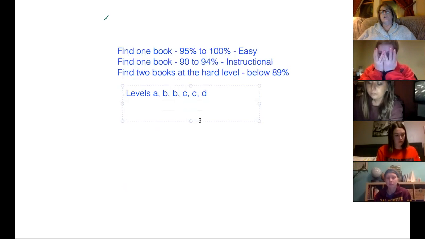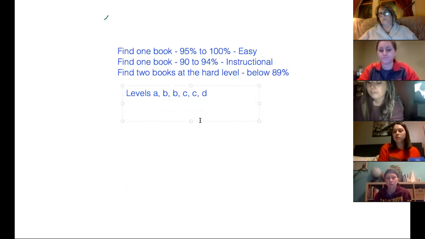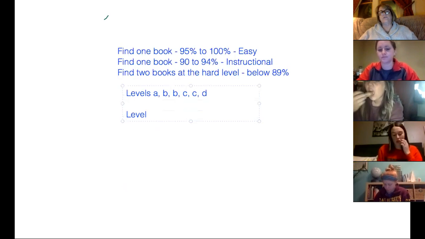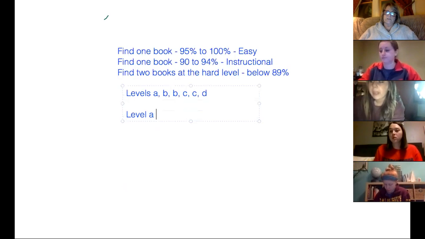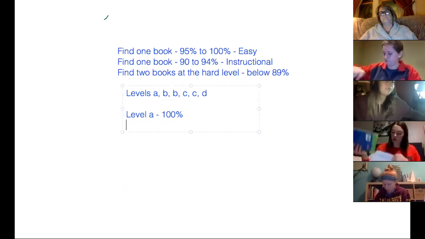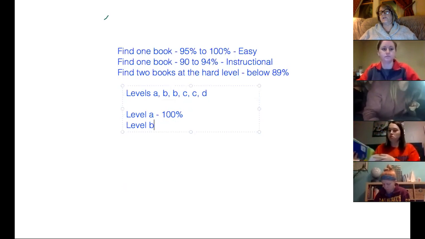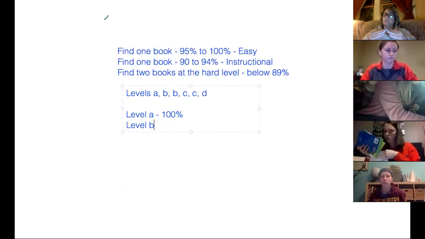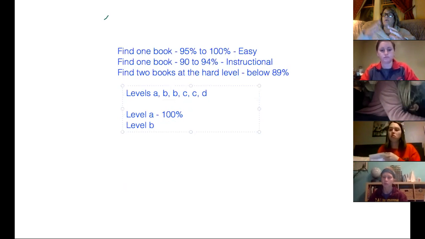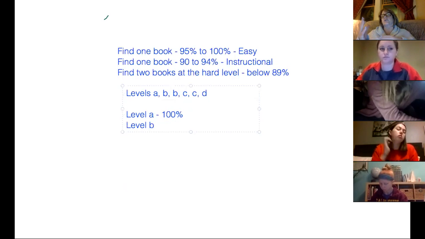So let's say we always start at the easy level. Start at the lowest level I sent you because we want to make the kids feel comfortable. So let's say you get 100% at level A. Then you go to one of the level B's, and I'm going to suggest anyone who got doubles, you're going to have both what they call a narrative and a nonfiction.